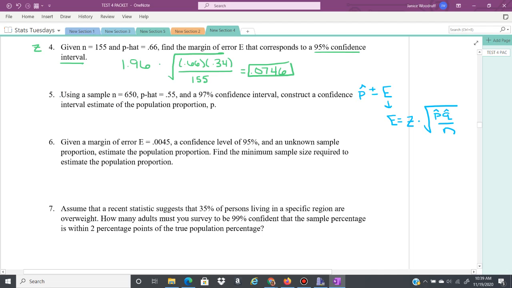Its proportion, so again, we're using z. Let's first find the z value that corresponds to a 97% confidence interval. If we look that up in our chart, that is going to be a 2.17.